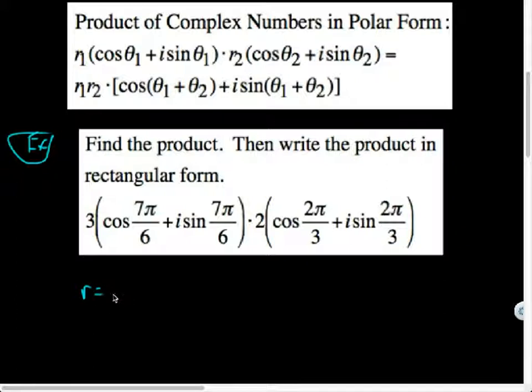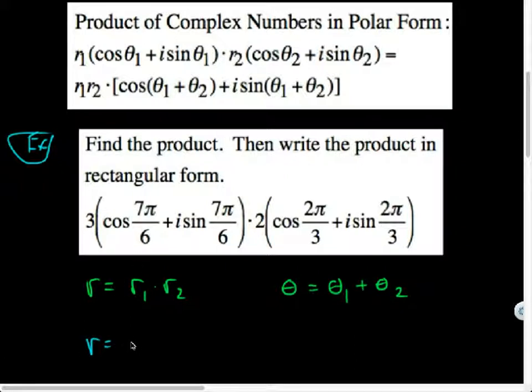So r is going to equal r1 times r2, essentially. Actually, I might even write that in green. You could almost view this as a little formula. And my new amplitude is just going to be the sum of the previous amplitudes. We'll calculate each of these first, and then we'll put it in the right form.